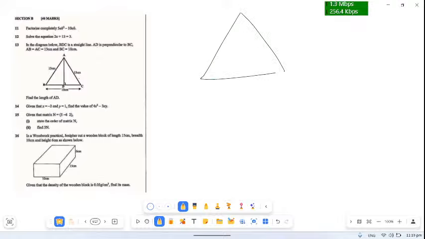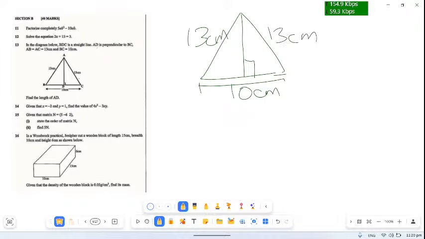All right, so here there is 90 degrees. Let me draw the line properly. Then here it's 90 degrees. So from here up to here it's 10 centimeters, then this side is 13 centimeters, and here is 13 centimeters.